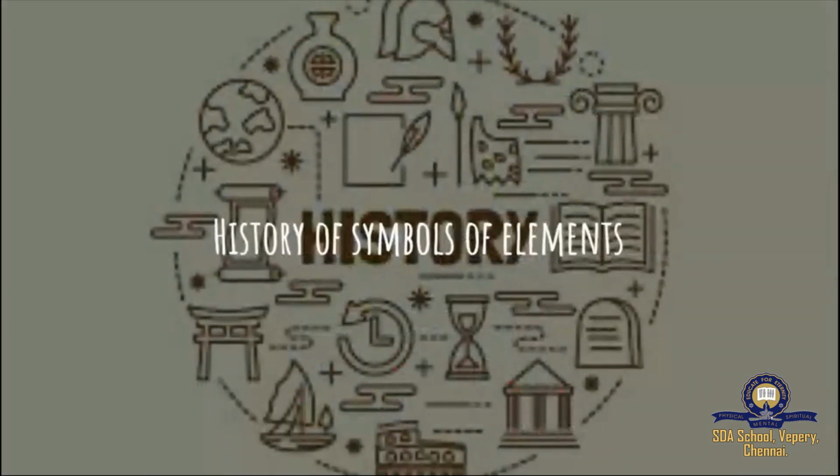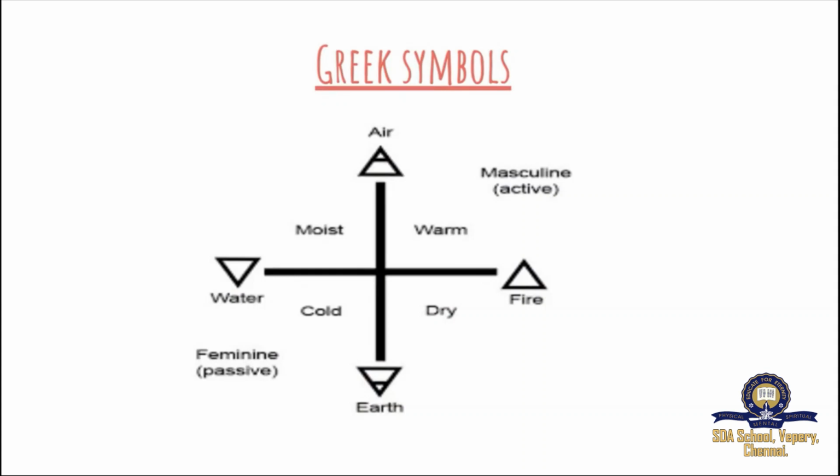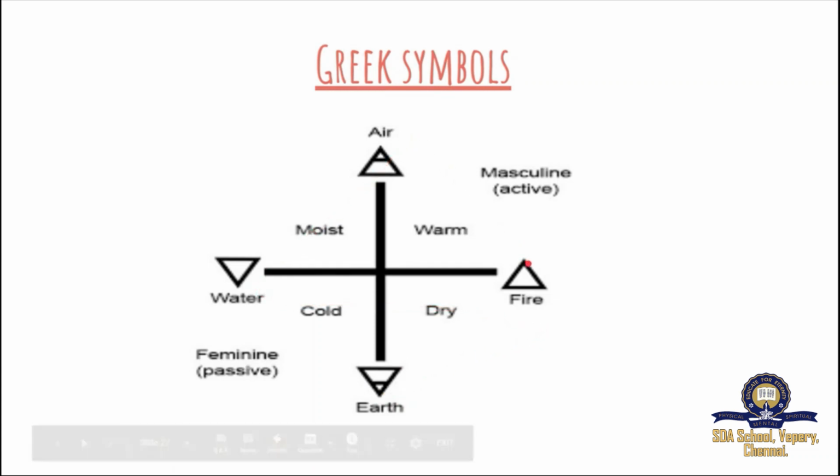Next, we will see the history of symbols of elements from old days to modern days. First one, Greek symbols. The symbols in the form of geometrical shapes were those used by the ancient Greeks to represent the four basic elements. How many basic elements? Four basic elements around us: earth, water, air and fire.